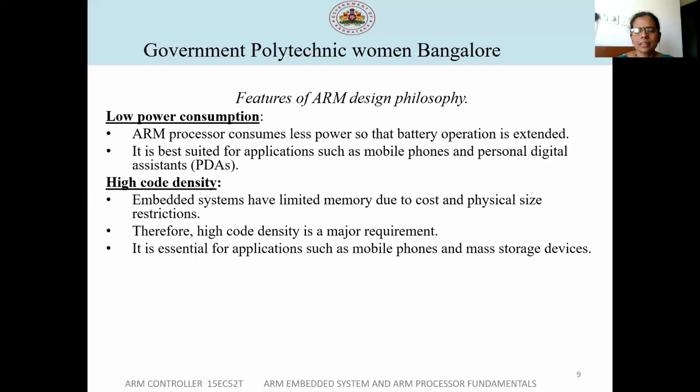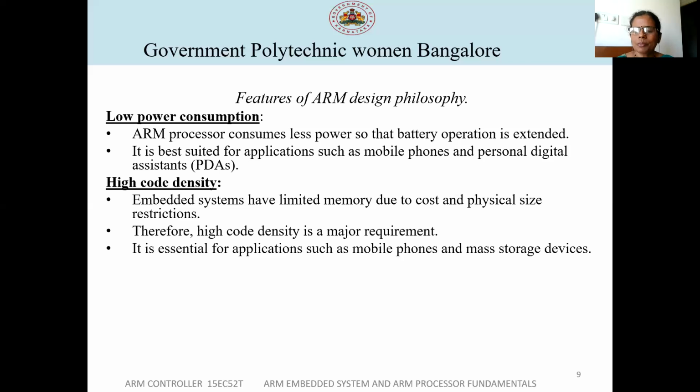Since the size is small, we need high code density. In a smaller area, we need to store more programs. So it is essential for applications where we must store more programs in a smaller area. We need this feature in mobile phones and mass storage devices.